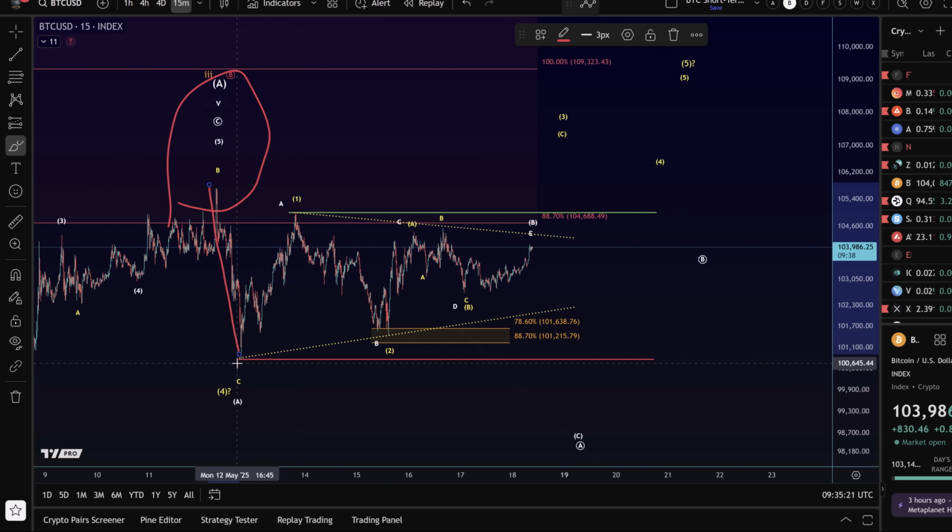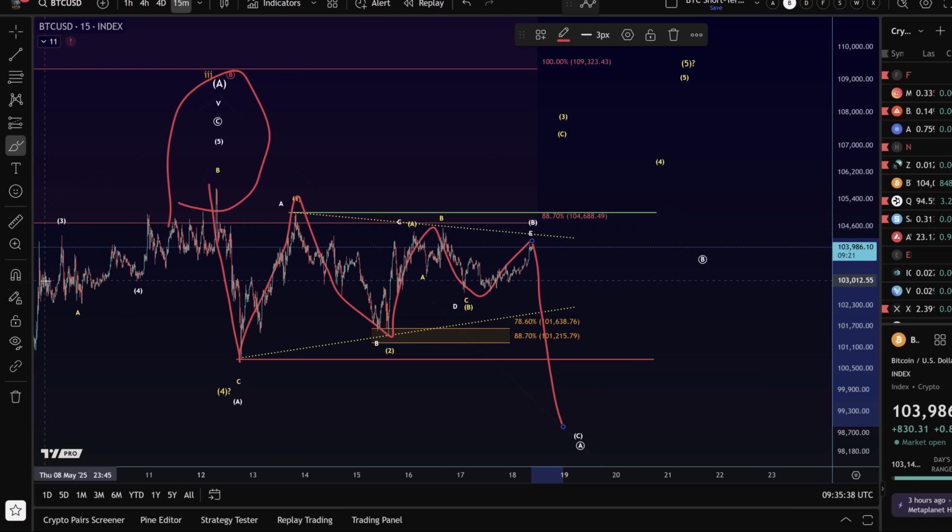And that B wave is labeled wave A, wave B, wave C, wave D, wave E. So we've got this series of lower highs and higher lows. And it would be seen as a B wave. And then from there, a C wave decline could start. So that's the idea.